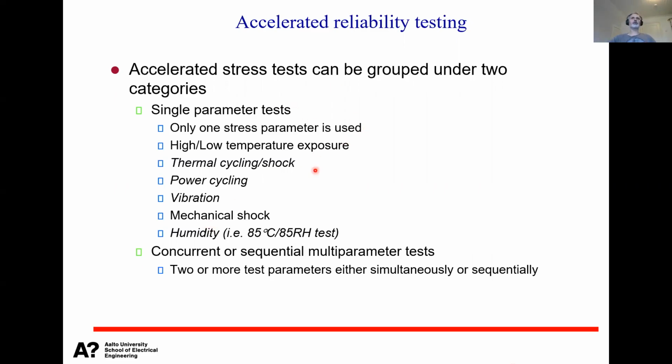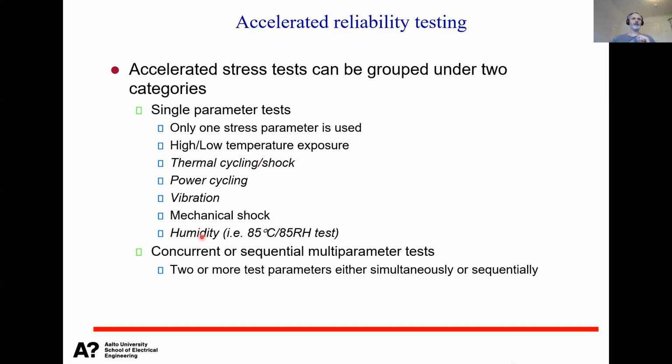Maybe the simplest single parameter test could be high or low temperature exposure. You just put your product or test board at 60 degrees or -40 and see what is happening. Then I have put in italics some of the tests which are typically considered single parameter tests. Even inside the test there are several parameters, but they are interdependent.